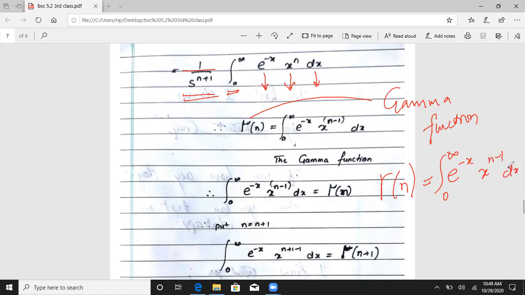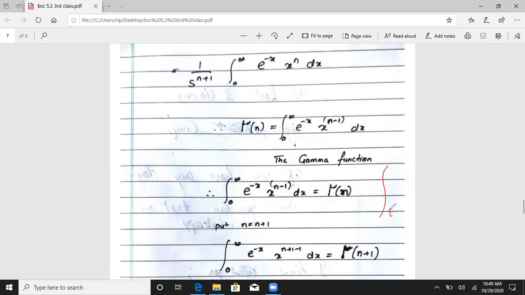Listen carefully: integration over 0 to infinity of e to the power minus x, x to the power n minus 1 dx is equal to gamma of n. Instead of writing this function, we can write gamma of n.